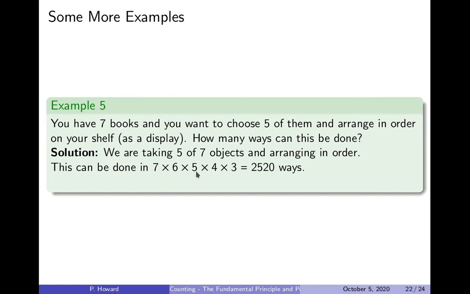Then we choose one of the 5 remaining books, and so on. 7 times 6 times 5 times 4 times 3, for a total of 2,520 different ways of choosing 5 of the 7 books and arranging in order. On a calculator, 7 nPr 5.